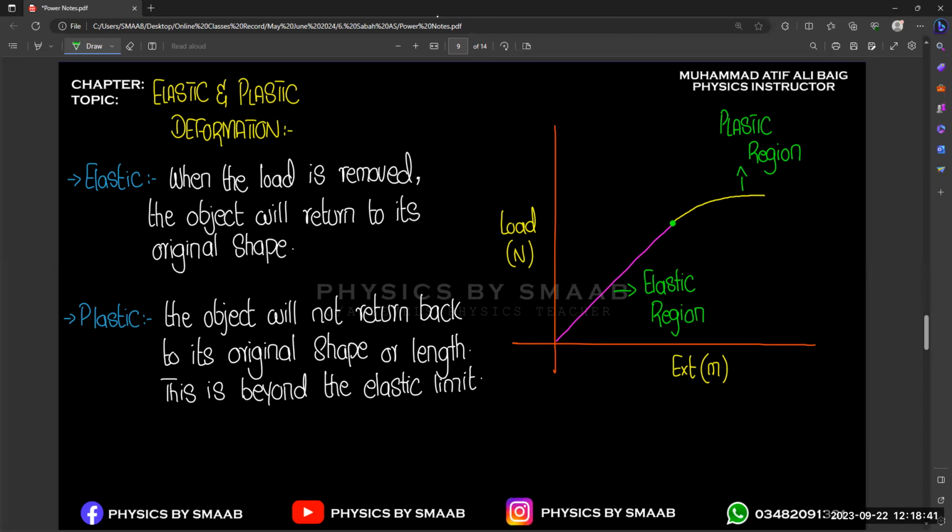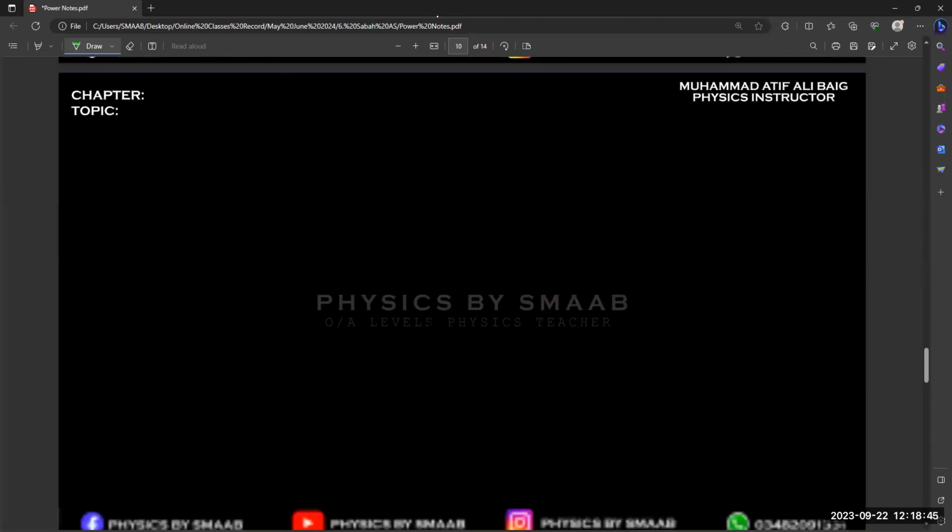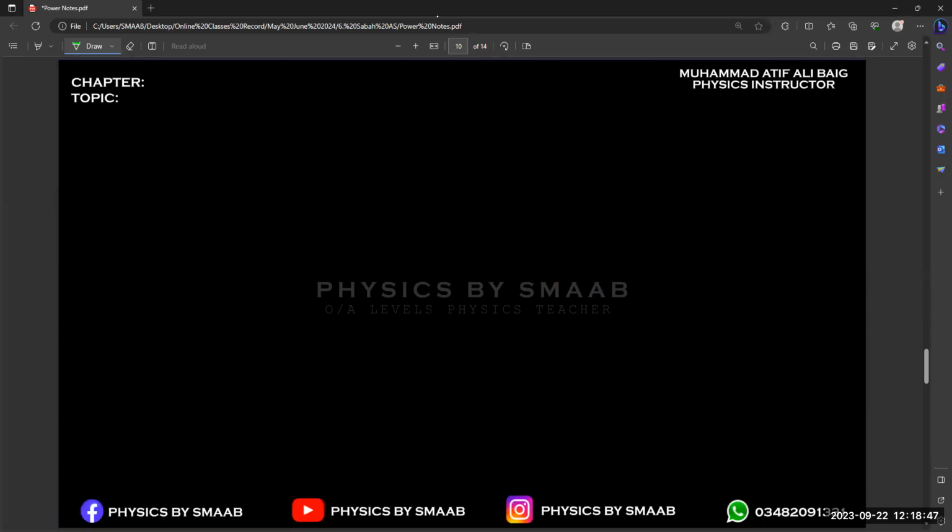And there are a few more terms in this deformation. The other two terms are brittle and ductile material. So like plastic is brittle, but metals are not brittle.